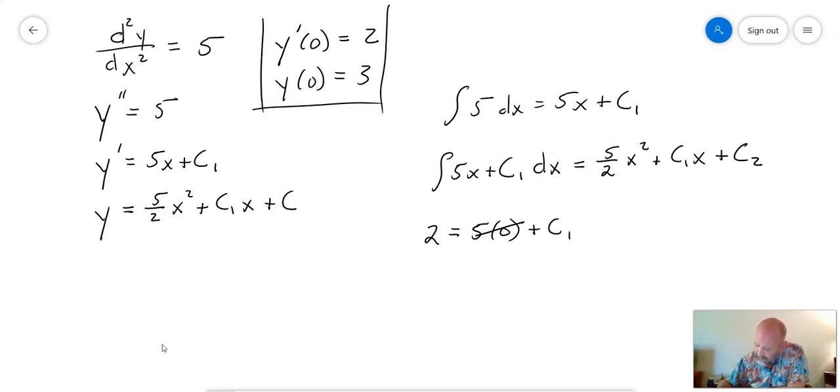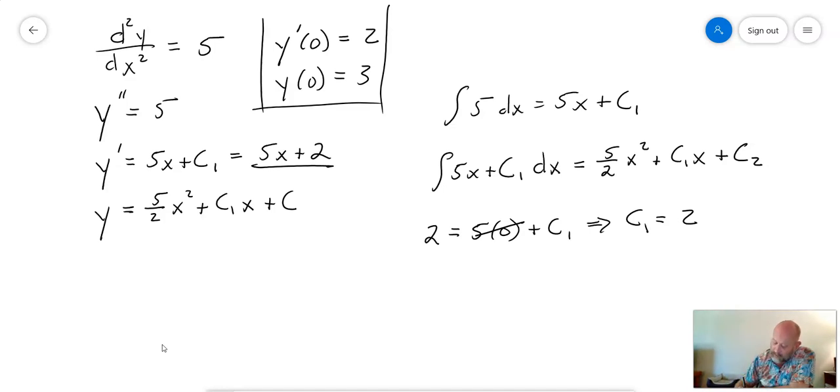Well, that goes away, and that means C1 is equal to 2. So now y prime is 5x plus 2. I don't have to deal with the plus C anymore. Now I know y prime exactly.